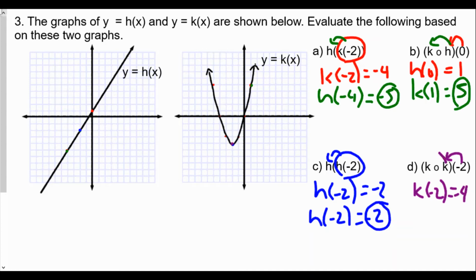And that now goes into k again, so k of negative 4. We go to 1, 2, 3, 4, and we end up getting 0. So our answer is 0. We do the same exact thing, but instead of relying on computation, we're using our graph to find the answer.